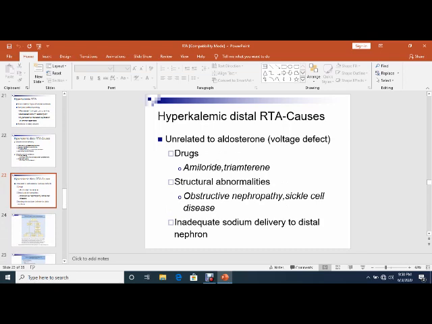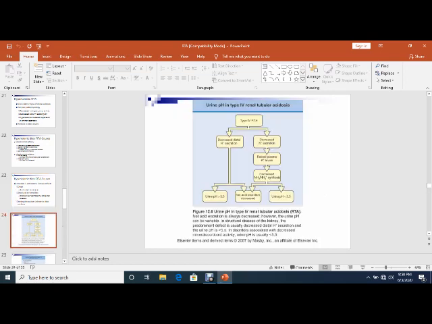Other causes unrelated to aldosterone include diuretics like amiloride and triamterene, obstructive nephropathy, sickle cell disease, or inadequate sodium delivery to the distal nephron.